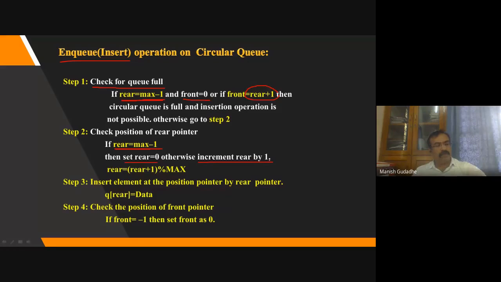And front is not equal to 0, that we have already checked. But as I said, we are not going to increment R by 1 simply, but we are going to increment R in this way. Right? So this is a simple step.